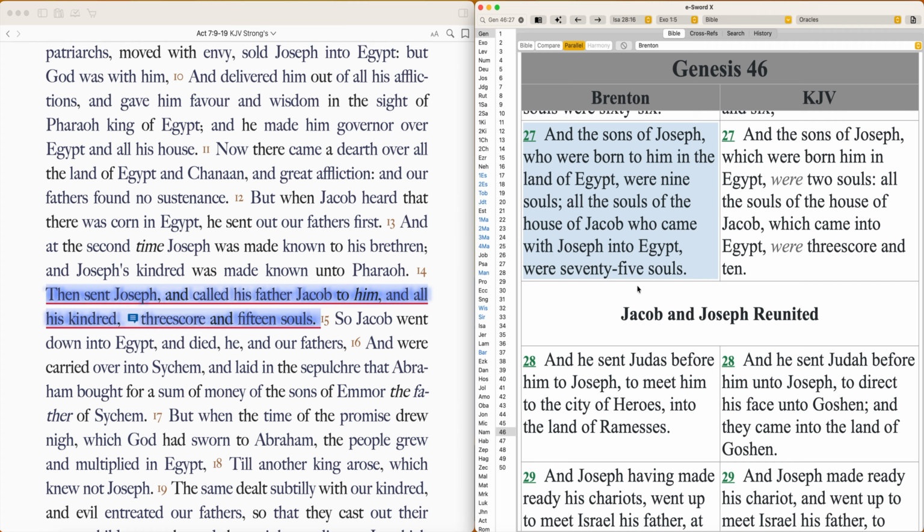I know it's kind of like new waters for people to step in. And I'm telling you, once you start looking into the Greek Septuagint, it is so amazing. You go back and look at these Old Testament verses that you're used to reading, and they make it so plain in the Greek Septuagint.